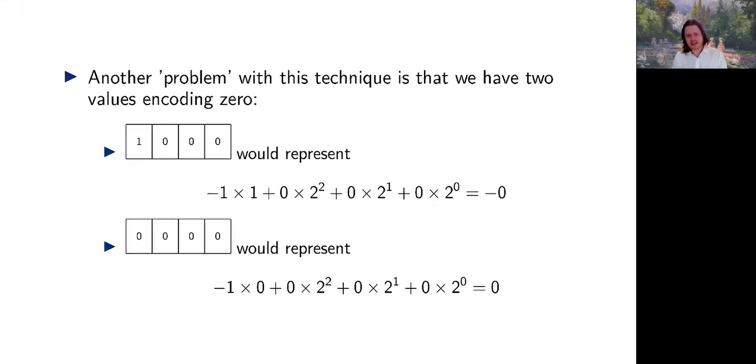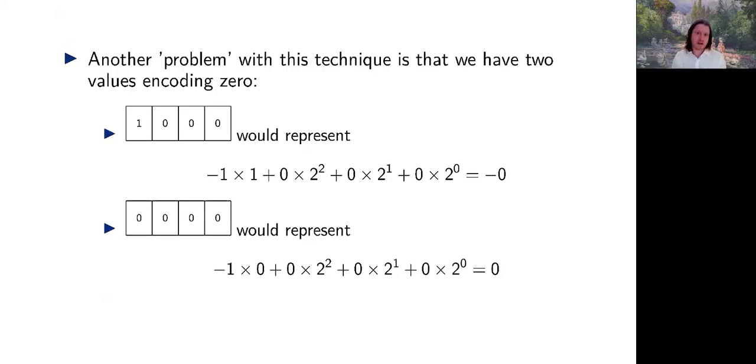In addition, another issue with this encoding scheme is that now we have positive and negative 0 values. So if the sign bit is set and we have all zeros in all of the bits to the right of the most significant bit, well, in that case, we have negative 0.